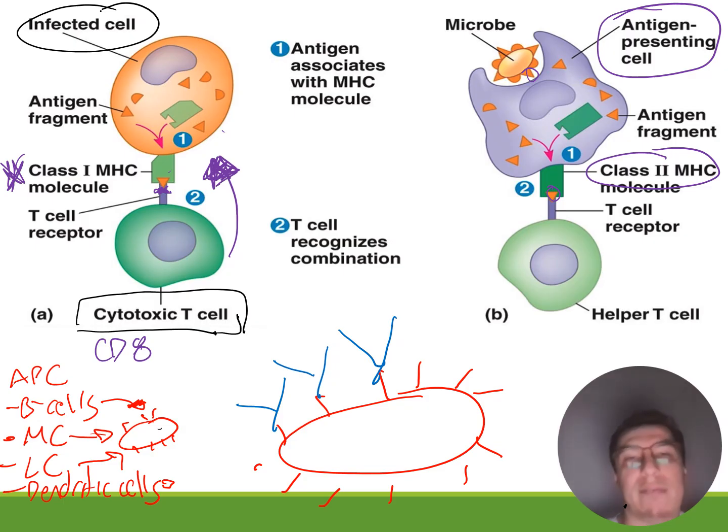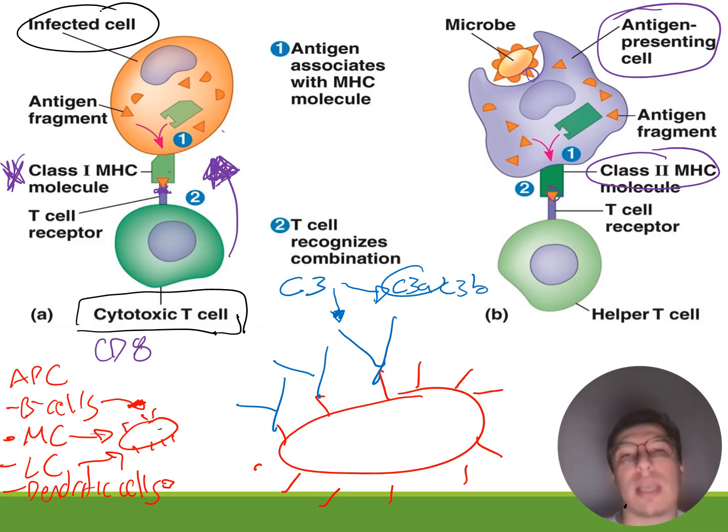So we will have C3 molecules. Remember that C3 is a protein that is created by the liver, and it is free in circulation. Once it comes into contact with this antibody, it becomes activated, and it breaks into two, C3a and C3b.